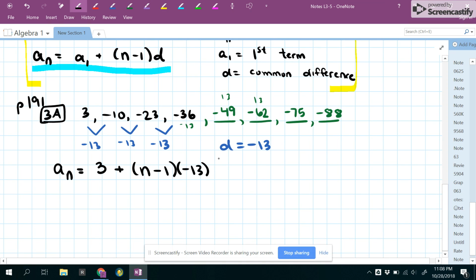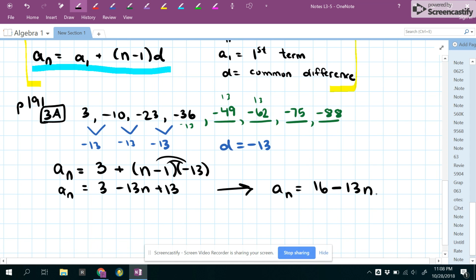You simplify this a little bit because you can. So that would be 3, distribute properly, minus 13n plus 13. So a sub n equals 16 minus 13n.